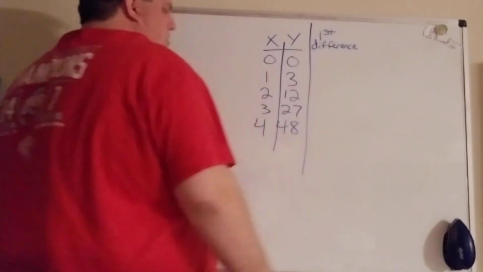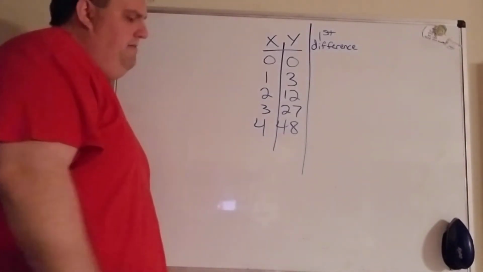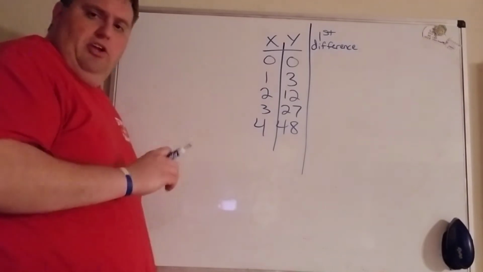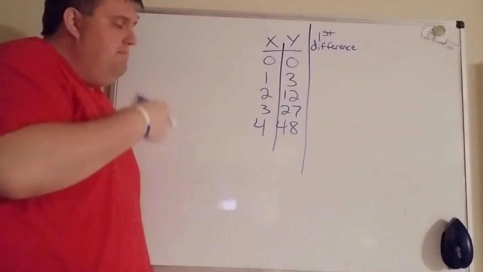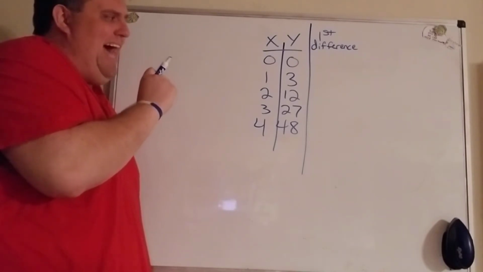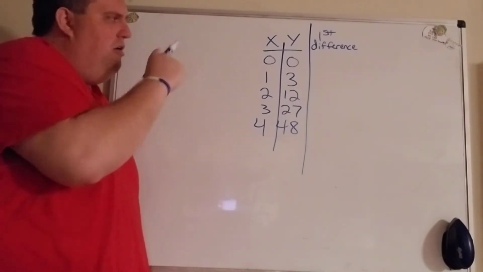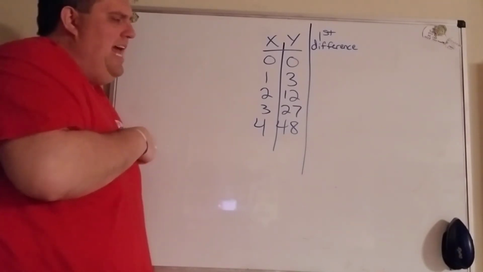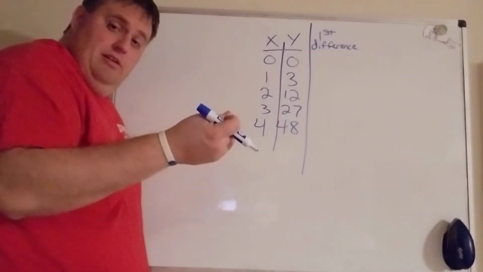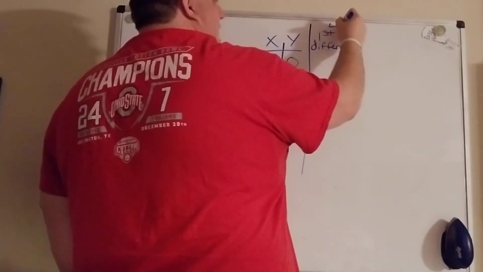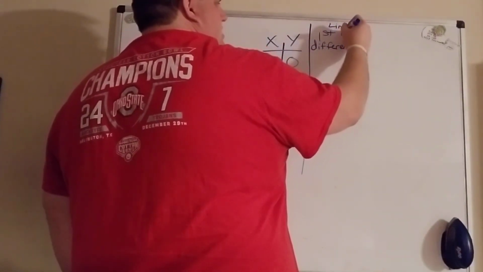And what you're going to do, if you want to know what's going on here, is we're just going to look at the y values, okay? The outputs here. And if I subtract all the corresponding outputs, and I get the same number, then that's going to be a linear function, a linear model is what we want to say.